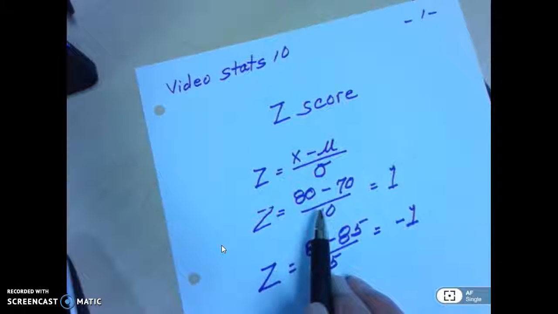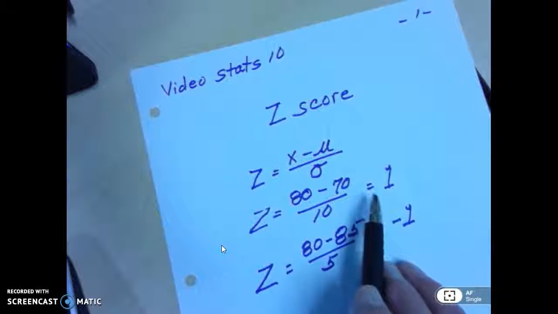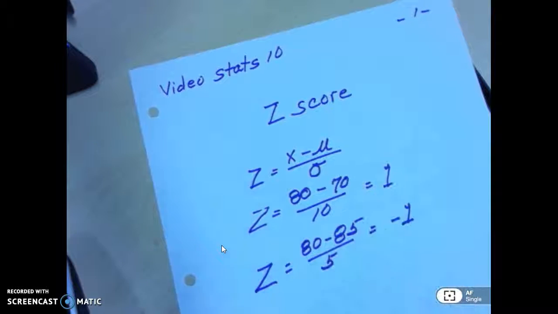Now we are cooking the data, and what we have come up with is a z-score of 1. Remember that the z-score normal curve has a mean of 0, because everything is measured from the center, or from the mean. So you take 0 from 0 and you wind up with 0.